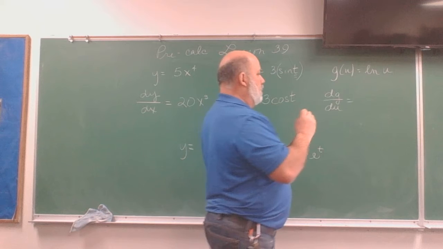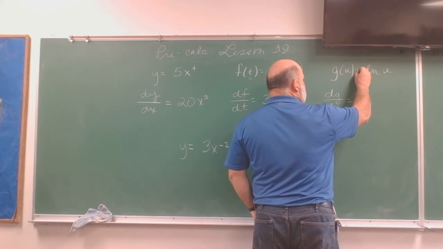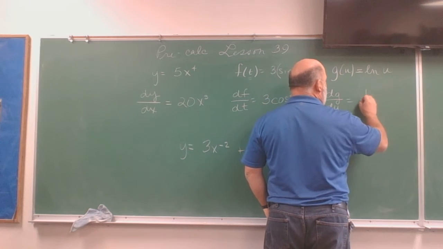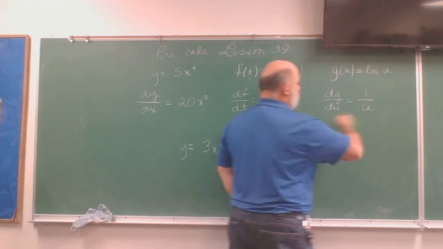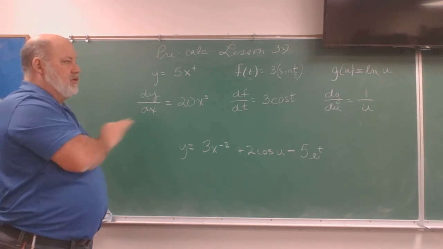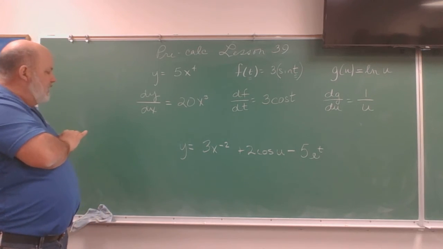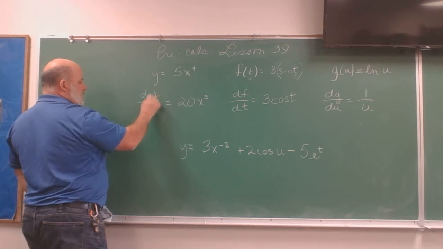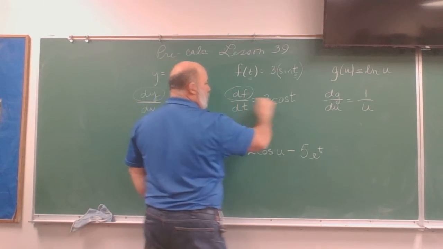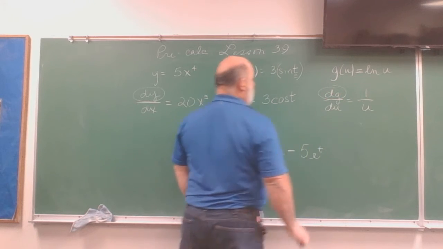Over here, the derivative of natural logarithm of u is 1 over u, stuff we learned last week.